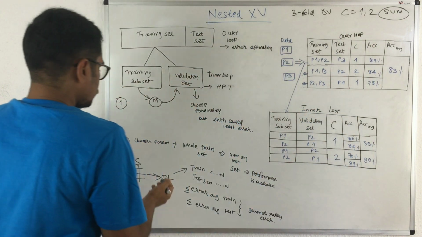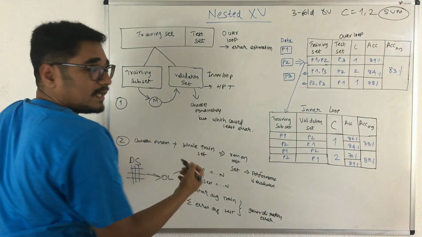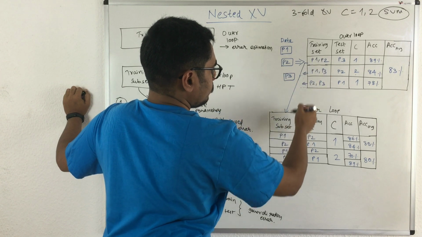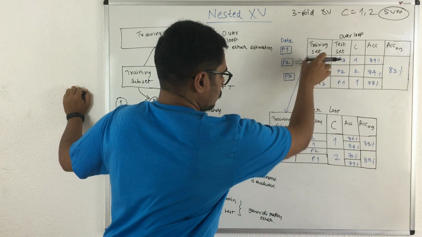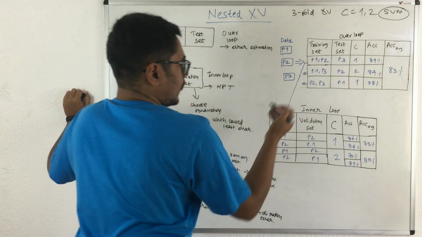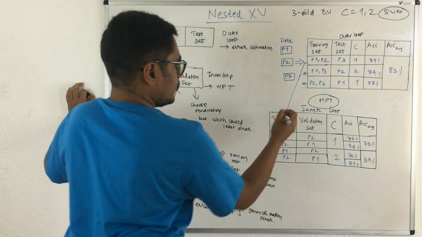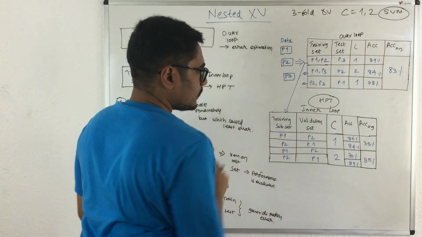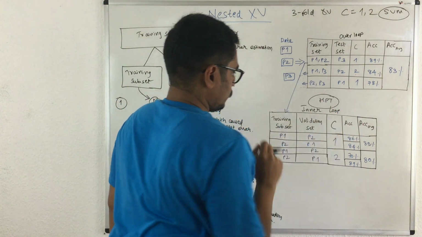Now what we said is, in the outer loop you have n number of splits, so that split is on each of these records. Here I just considered only one inner loop, that is for this partition. This part is mainly for hyperparameter tuning. In that you have the training subset, the validation set, the parameter C, accuracy and average accuracy.